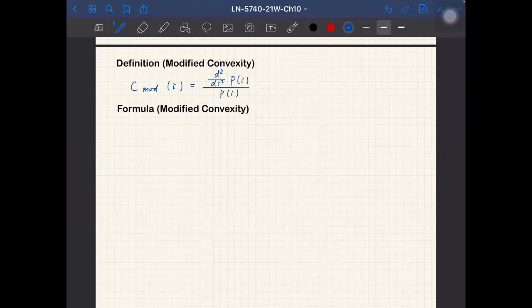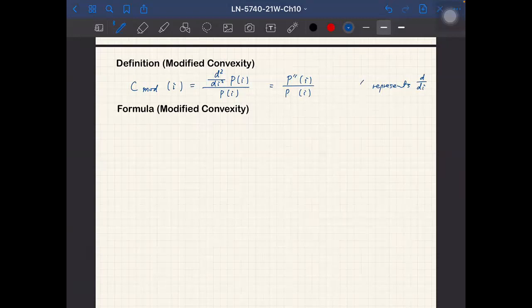We do the same thing for the convexity. So this is P double prime of i over P of i, where the prime represents d/di. This is the definition, but how do we calculate it when we are given the cash flow?